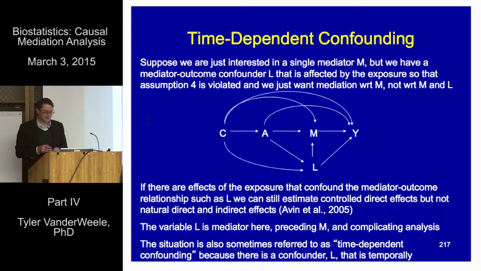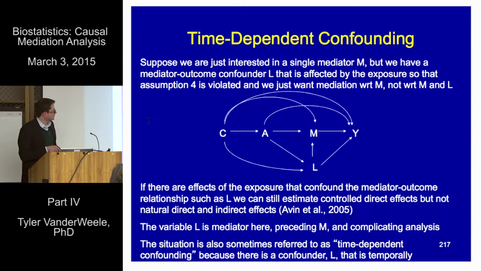Okay, on we go, and unfortunately we are running out of time, but I'll try to briefly cover some of the basic ideas for this setting where we have multiple mediators, but we're only interested in one of them. But that one mediator we're interested in is causally downstream from another mediator. In other words, we have a mediator outcome confounder that is itself affected by the exposure.